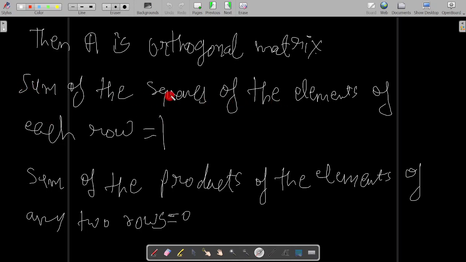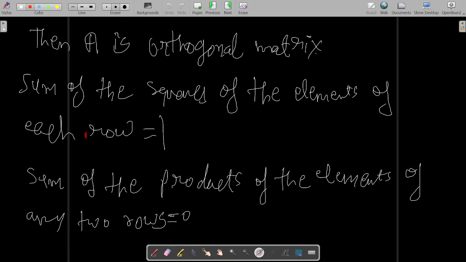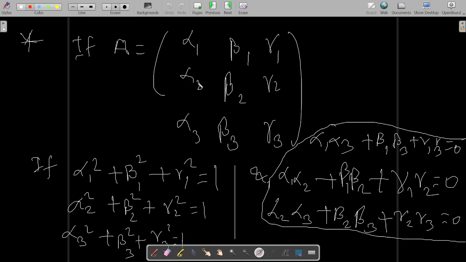Okay, sum of the squares of the elements of each row equal to 1, sum of the products of the elements of any two rows equal to 0.